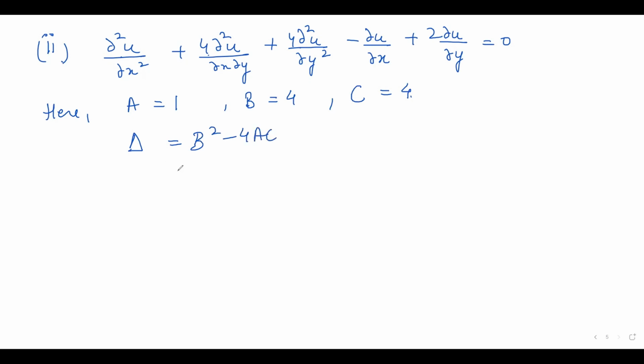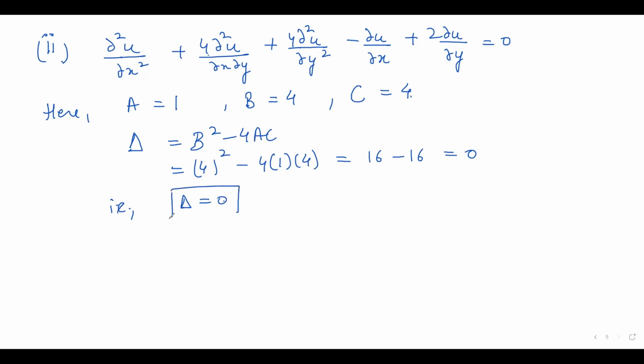So here you would notice I'm getting delta is equal to 0, right? In this case, because our B square minus 4AC is equal to 0, that means it is parabolic type. Thus the PDE is parabolic.